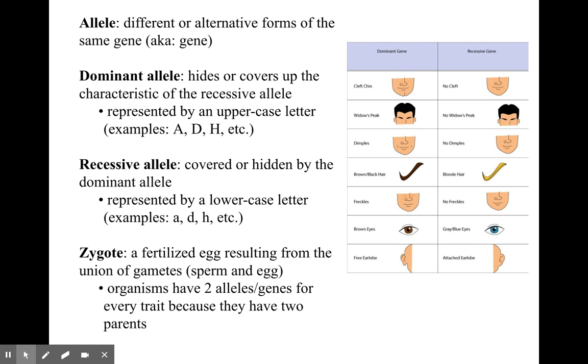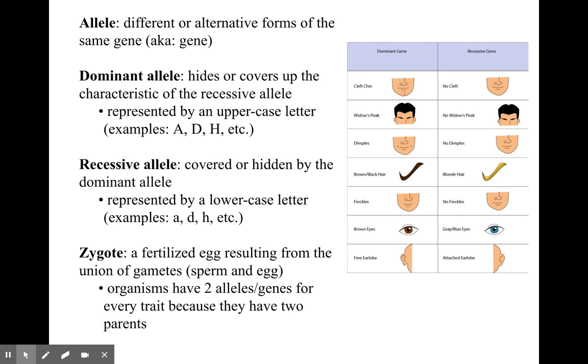Now, what we have learned about the alleles is that usually there's a dominant allele. So whatever you get, you have the two alleles, like brown hair, black hair versus blonde hair. Well, you can see here, brown hair, black hair is dominant. What does that mean? Well, if you have one of the brown hair, black hair gene, that's what we're going to see. So that's what is expressed.